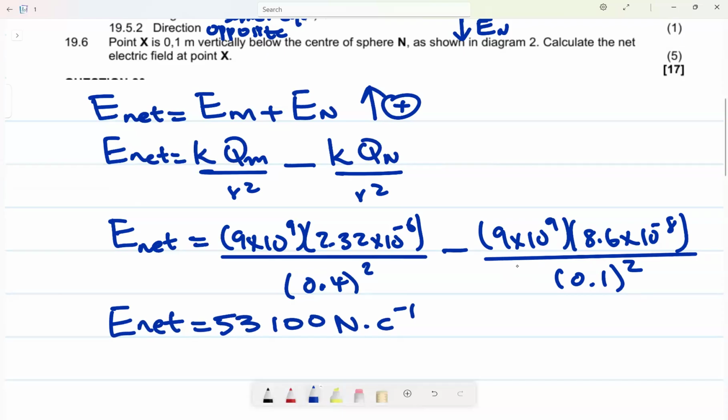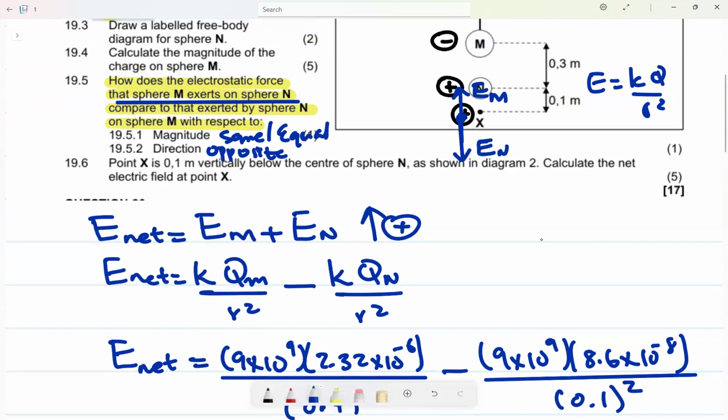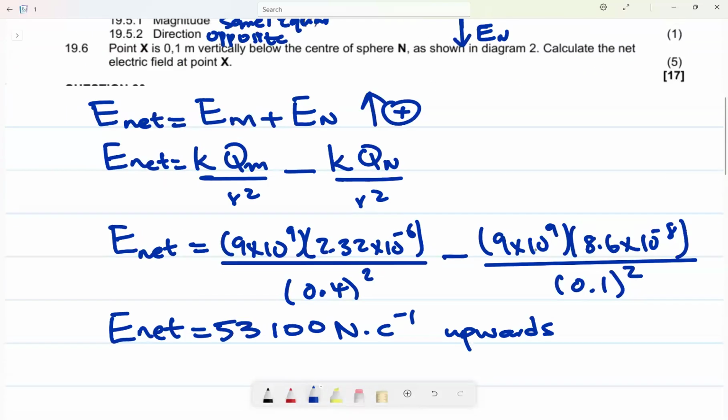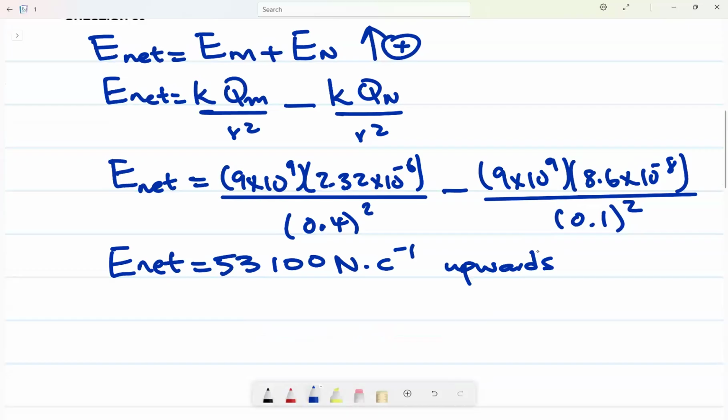That is the answer that I get, 5300. Okay. And you need to calculate the net. So we're going to say upward. Even though it's strange how it receives upwards.